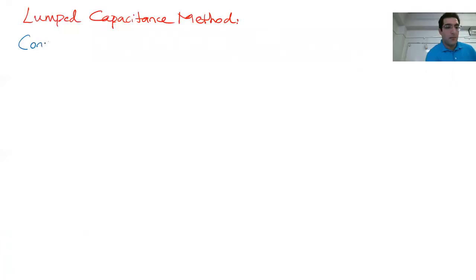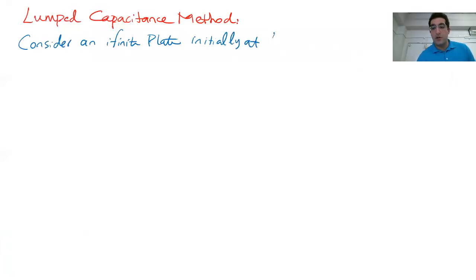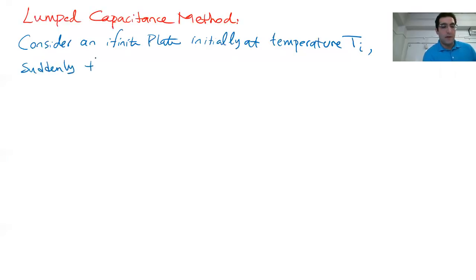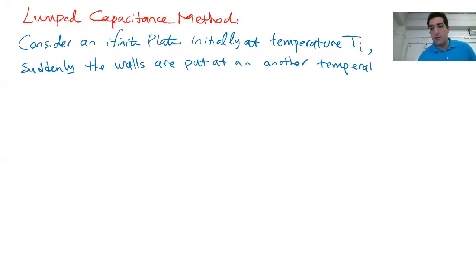Consider an infinite plate initially at temperature Ti, where Ti means initial temperature, and suddenly the walls are put at another temperature, which is T1, T sub 1.